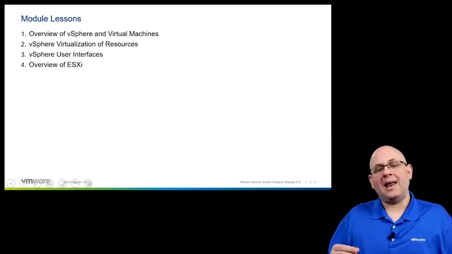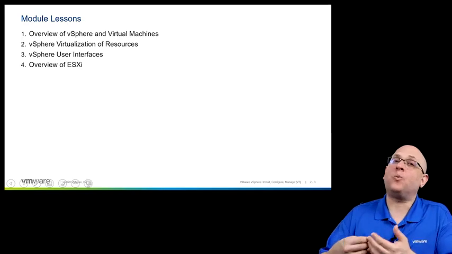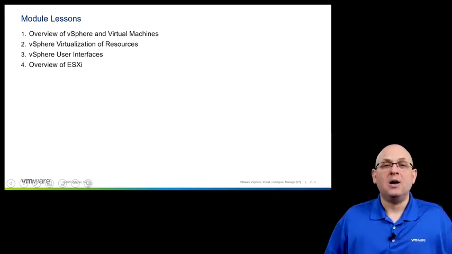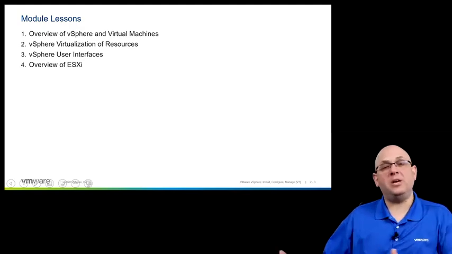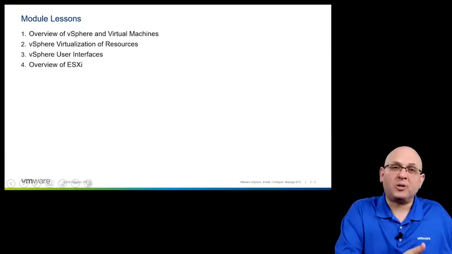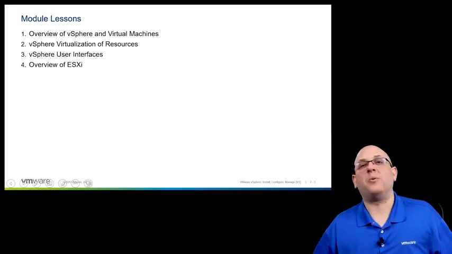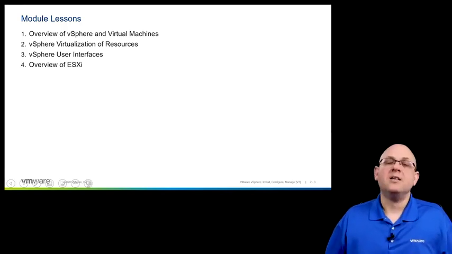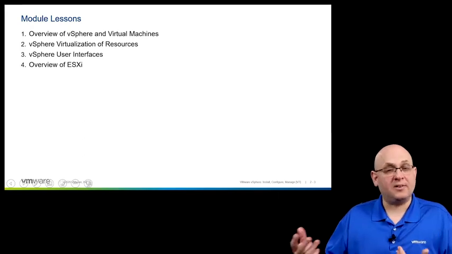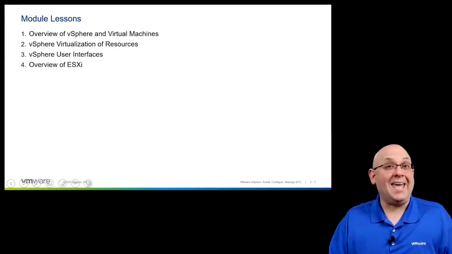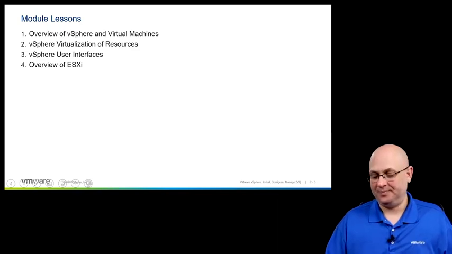And then we're going to look at how the resources that we give to those virtual machines are actually virtualized. What's the difference between a physical CPU and a virtual CPU? Physical memory and virtual memory, physical networks and virtual networks, and so on. Then we'll look at the user interfaces that we have, and then we'll have a fundamental look at ESXi itself.